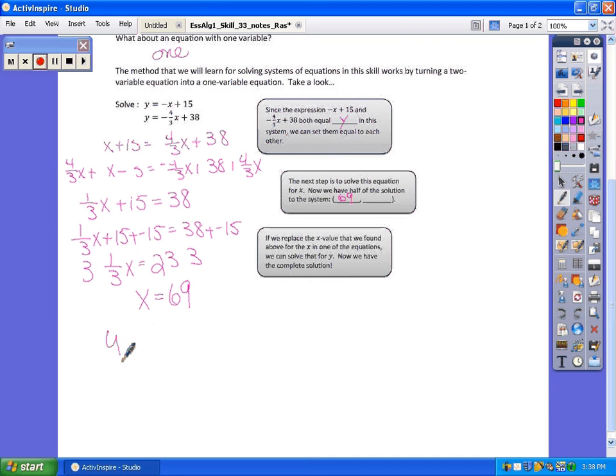So y equals negative x, and x is 69, so y equals negative 69 plus 15. So if I do my math, I get y equals negative 54.